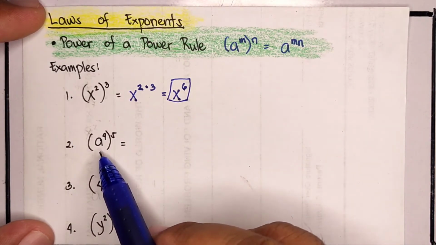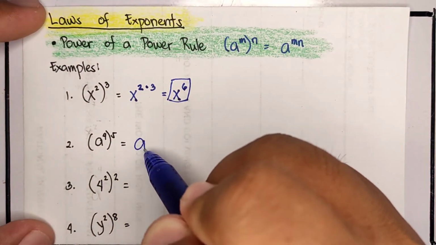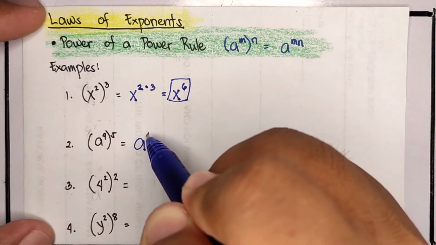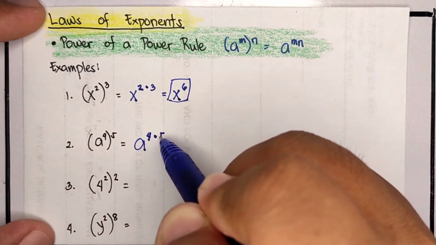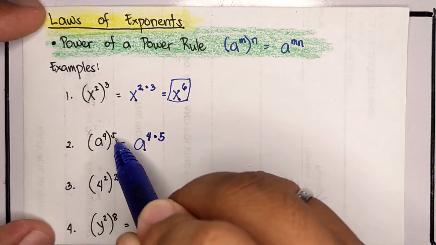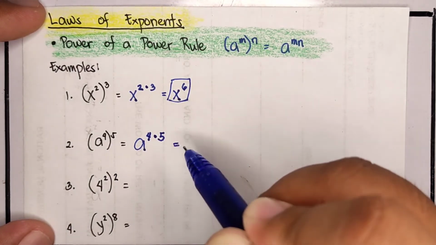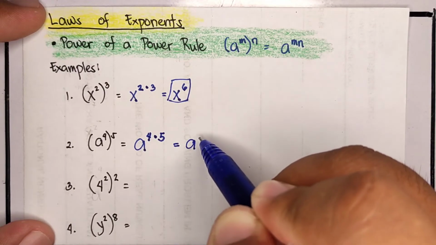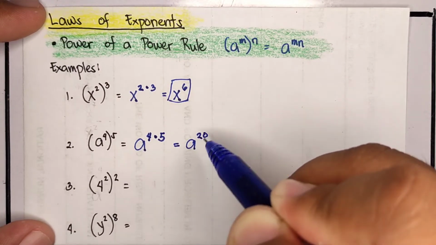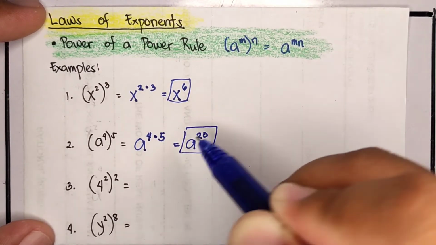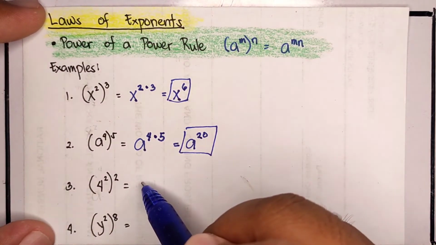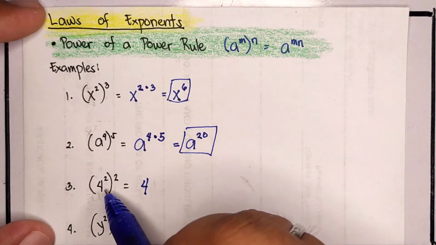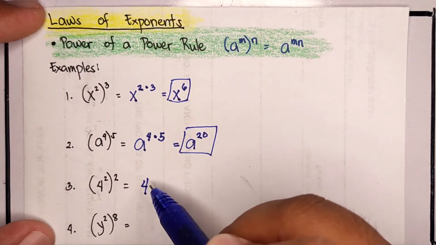Another example, if we have here a raised to the power of 4, to the power of 5, therefore we will multiply 4 times 5. Then you will have here a raised to the power of 20. Next, we have here 4 squared raised to the power of 2.